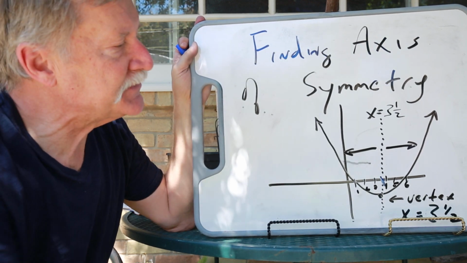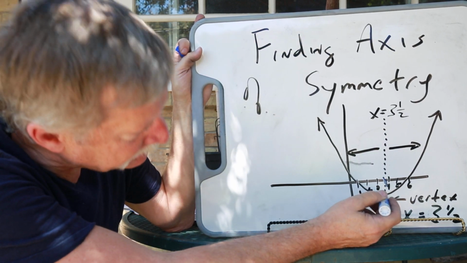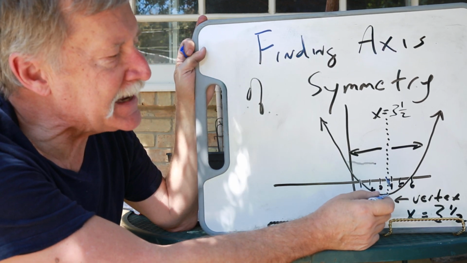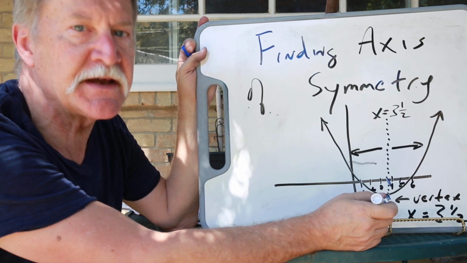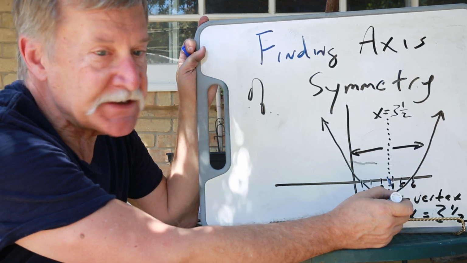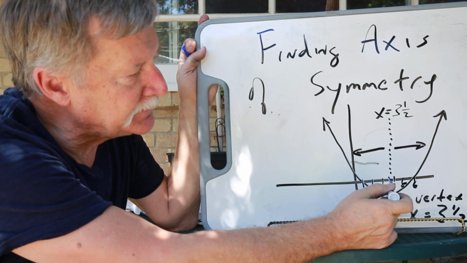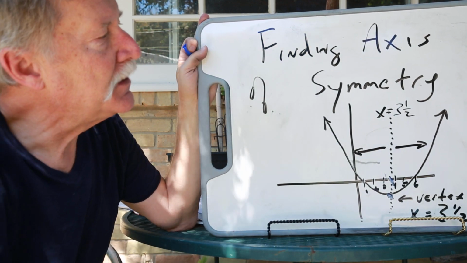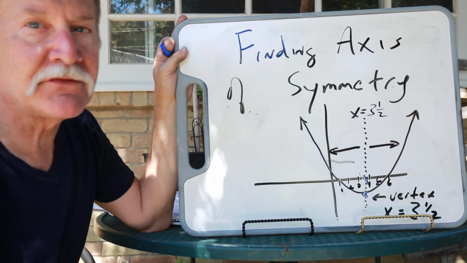Now, in many cases, you can be given the graph of a parabola, and you just look at where the vertex point is. That is the key, because the axis of symmetry must always go through the vertex point. That's your clue. You find the value of x for that vertex, and that is your axis of symmetry, where x in this case at the vertex is 3.5.